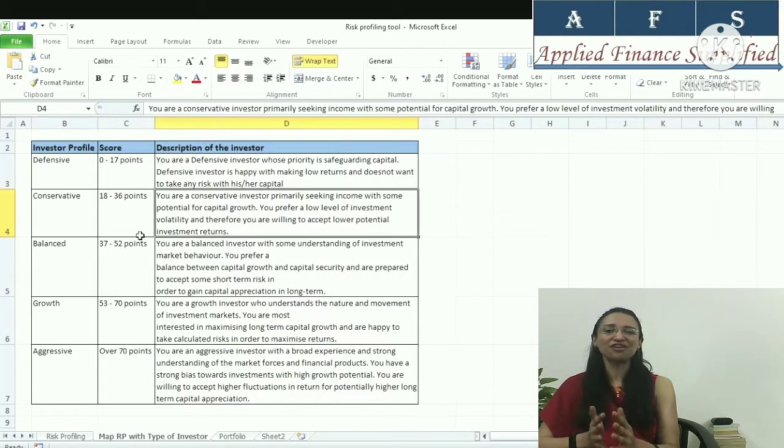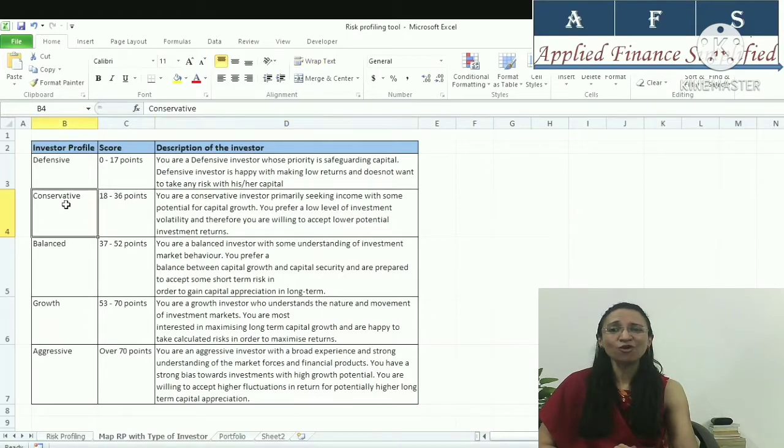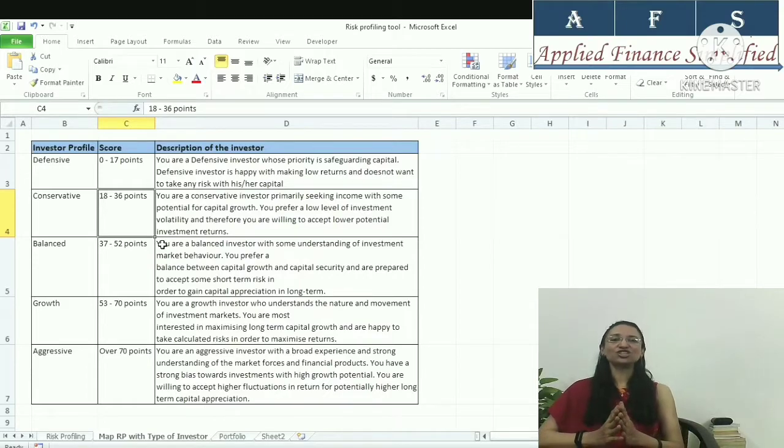So these are the profiles of different kinds of investors. In our case, Mr. Raj has scored an overall 36 points, so he falls in the category of conservative investor. In similar fashion, after understanding your risk profile, you can understand what type of investor you are.